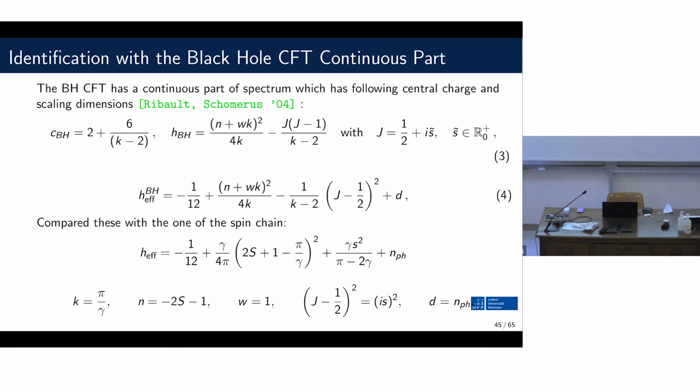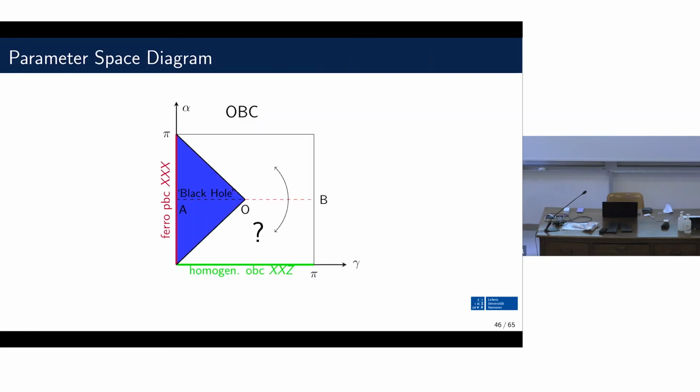So this is very, very nice. When one has this, one is basically finished, and one can say that in the open case also this region is described by the black hole CFT.